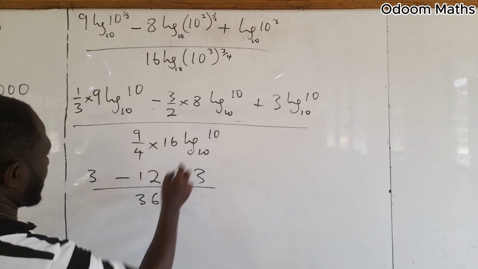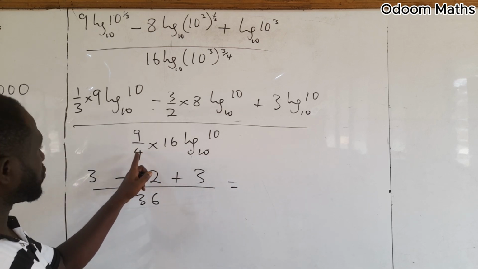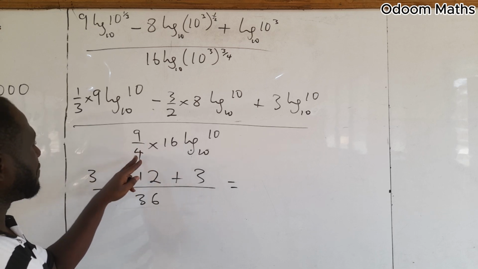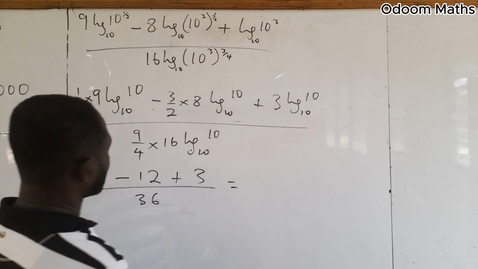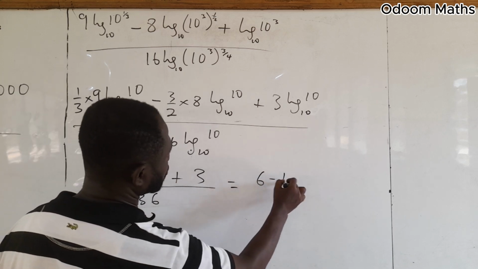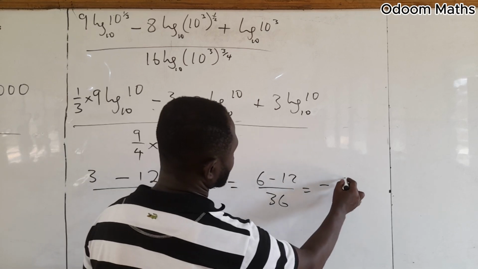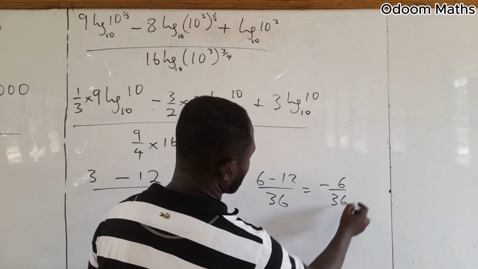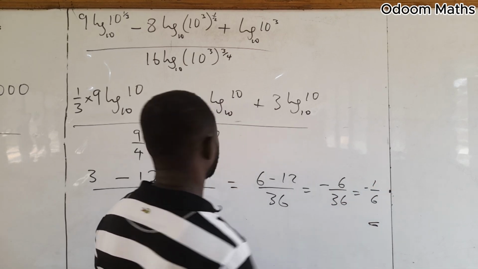So then this is 1. Okay. So this is into itself, this is 1 here, 4. 4 times 4 into 16 is 4. 4 times 9 is 36. Okay. Then we add this, and this becomes 6 minus 12. So 6 minus 12 over 36, and that is going to be negative 6 over 36, which is negative 1 over 6. So that is the answer.